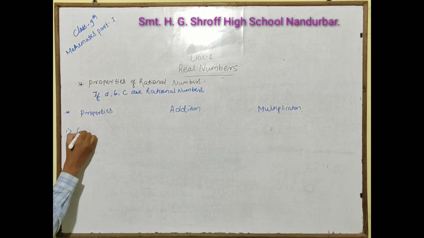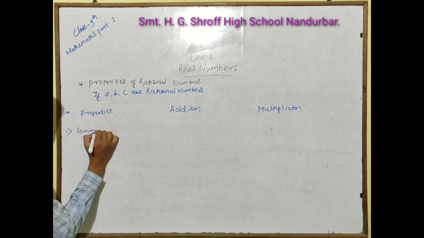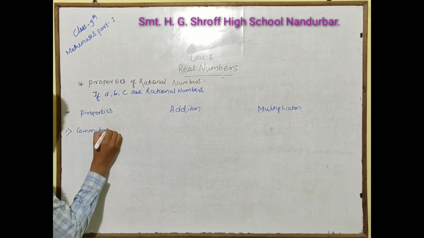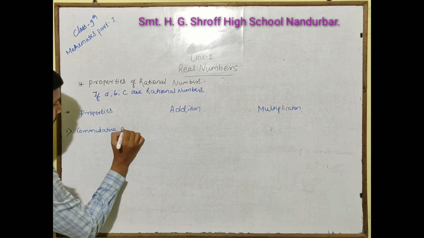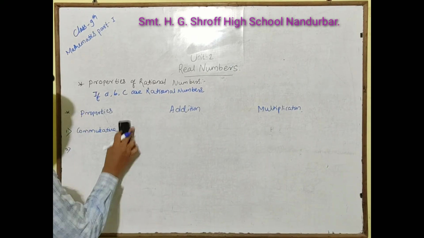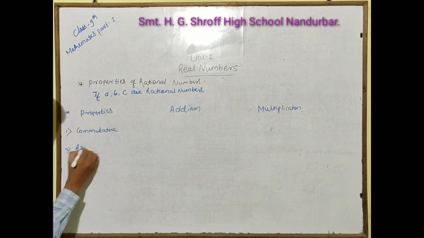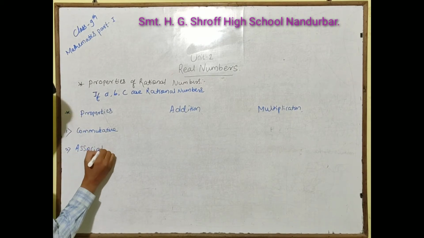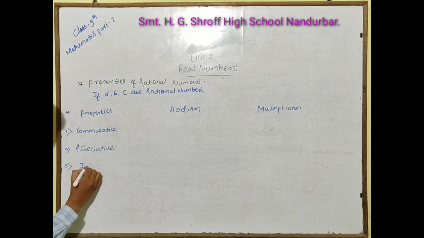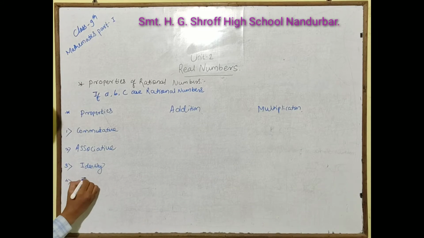This is commutative property. Second is associative. Third one is additive. Fourth one is inverse.